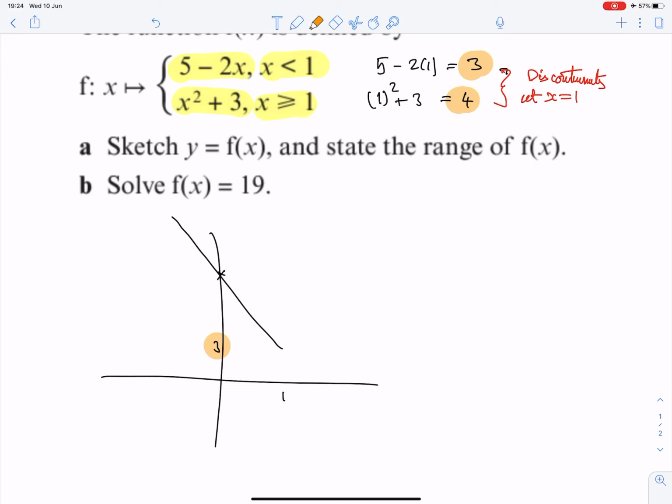We know that the next part of the graph for x greater than or equal to 1 is a quadratic, and at x equals 1 it's starting at 4. So up here, slightly higher up, we've got the value 4, and it starts there, and it's got a standard quadratic shape.